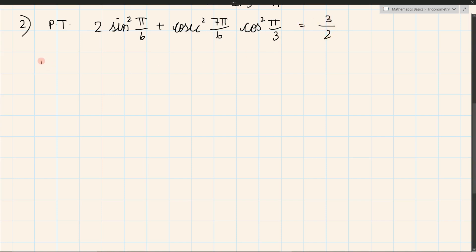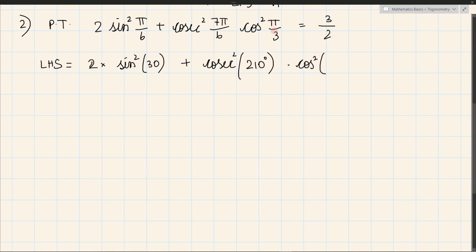So let us consider the LHS of this equation. We have 2 into sin² π/6. π/6 is nothing but sin² 30 degrees, plus cosec² of 7π/6, that is 7 into 30 degrees, which is 210 degrees, into cos² of π/3. π/3 is nothing but 60 degrees.